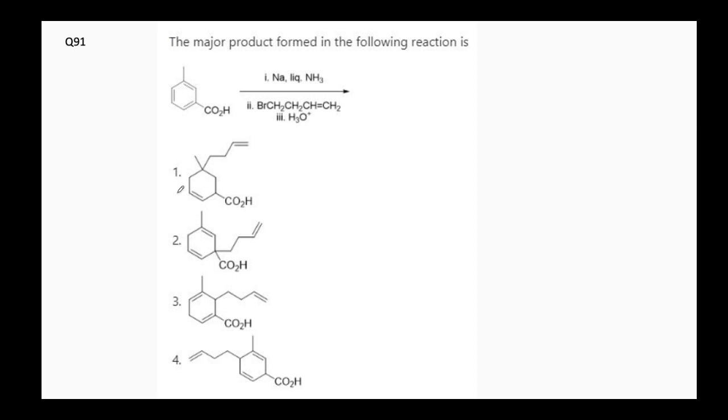Moving onwards, another important question, guys. This is super, super important. Birch reduction, chemoselectivity, major product formed in the following reaction. So in the first step you are doing Birch reduction, and guys, this question, or a similar question, has been asked in the GATE examination previously.